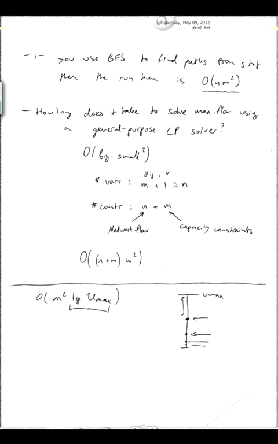And so that's where the log of Umax comes from, because that's the number of times that we have to decrease this threshold before it reaches 1, at which point we know that we're considering all of the edges in the graph. And the m squared here comes from the fact that each iteration of this algorithm takes about m squared time. So there's an algorithm that gives you that running time.